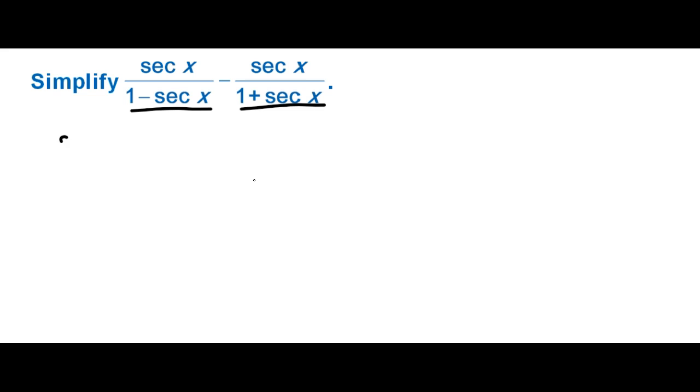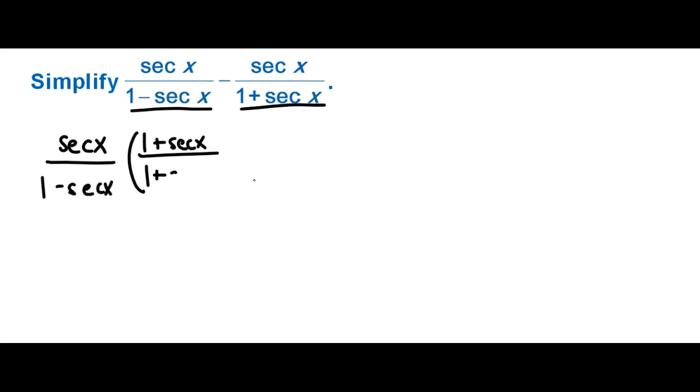So let's do that. Rewriting the first term, secant of x over 1 minus secant of x, I'll multiply that by 1 plus secant of x over 1 plus secant of x.